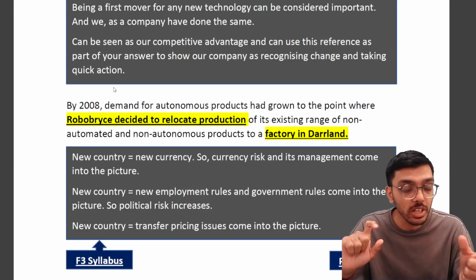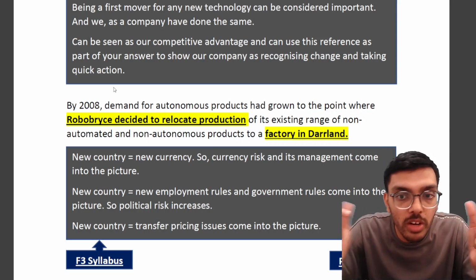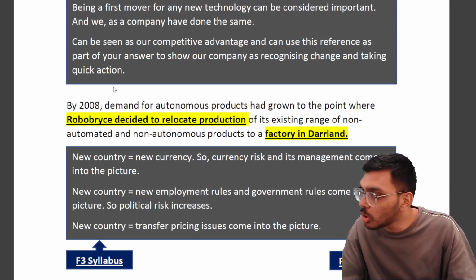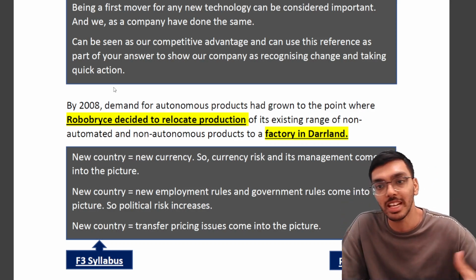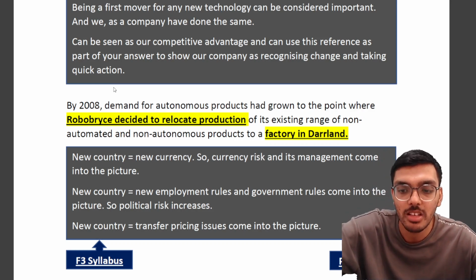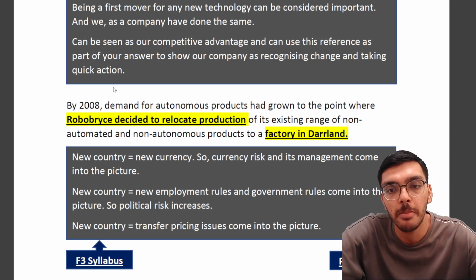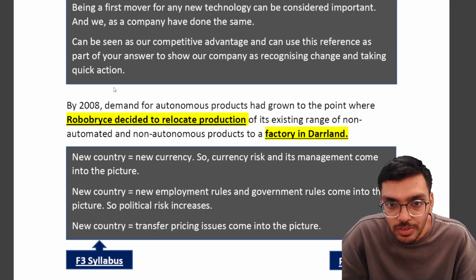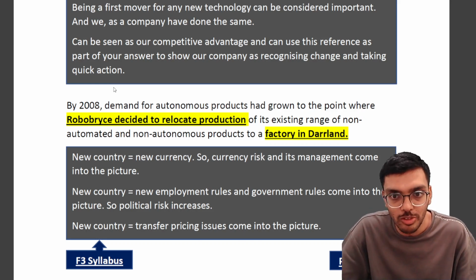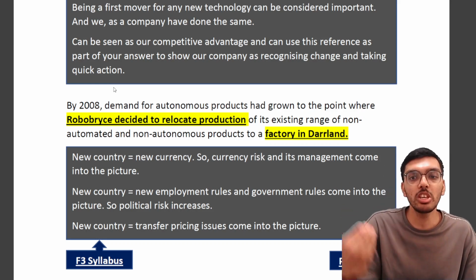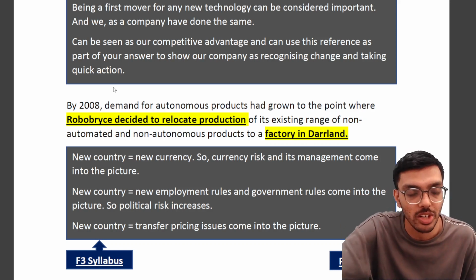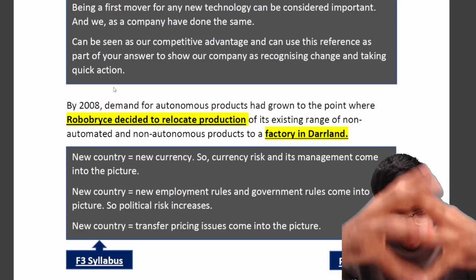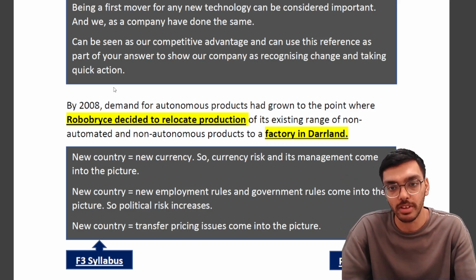Because it's 2 different countries, there will be 2 different legal rules, legal regulations, and we don't want to look like a multinational company that's trying to avoid tax by not charging arm's length prices for internal transfers, because that's what transfer pricing is all about, right? Reducing your tax in high tax countries and increasing your tax in low tax countries so that for overall the company you benefit.